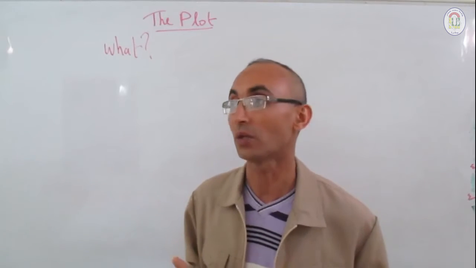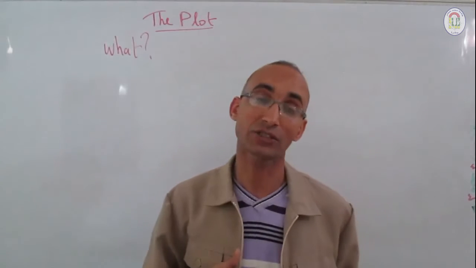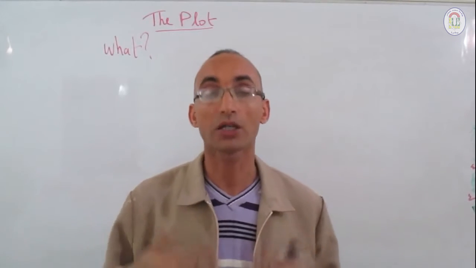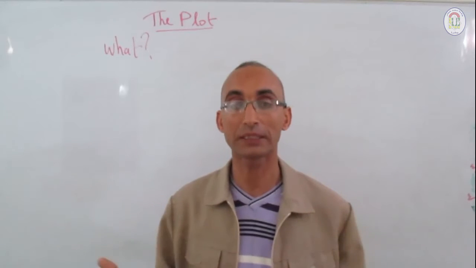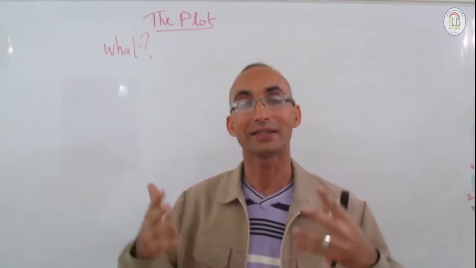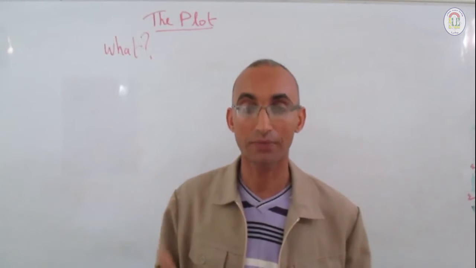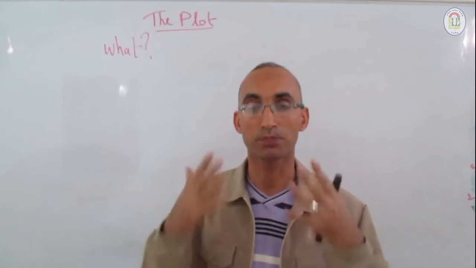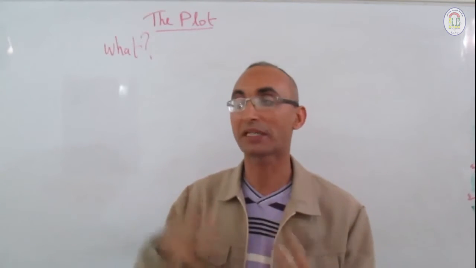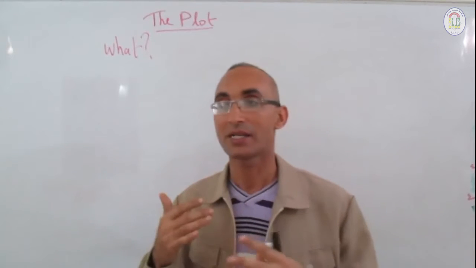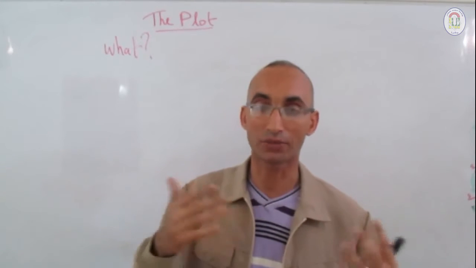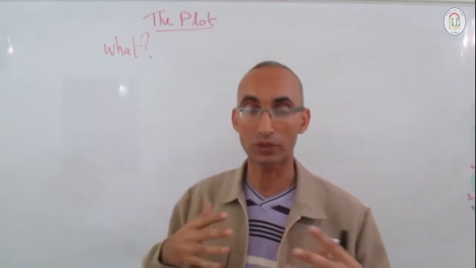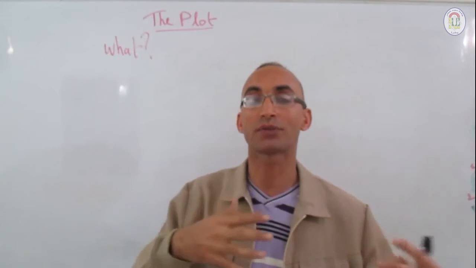So these actions and events which occur in a story are called, in literature, the plot. Of course, these events from beginning till the end have a kind of structure, a kind of flow, within the course of the story.